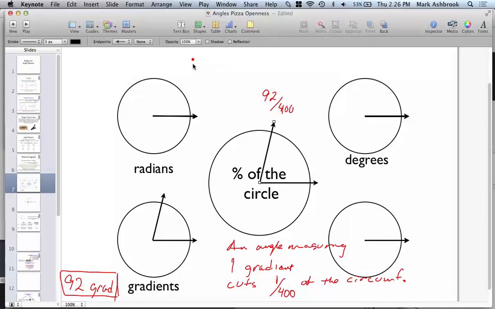Okay, so you took that fraction, 92 over 400, and you said you multiplied it by? That's it. So we take that same fraction of 2 pi.